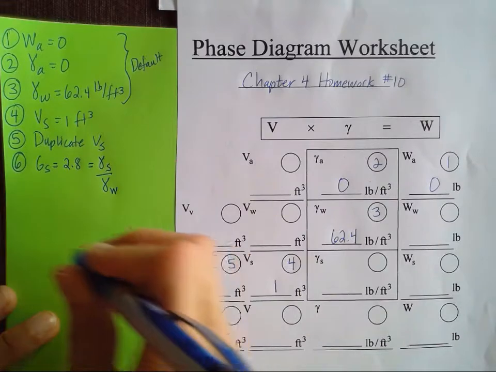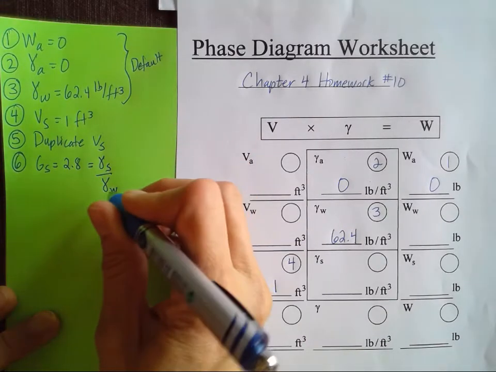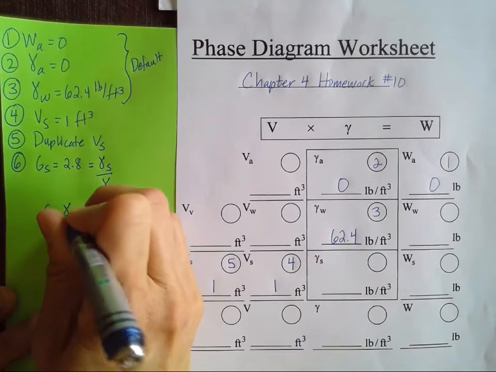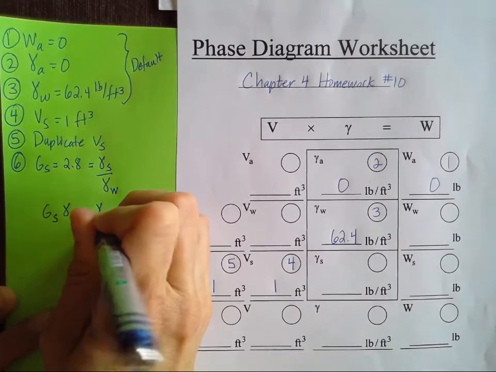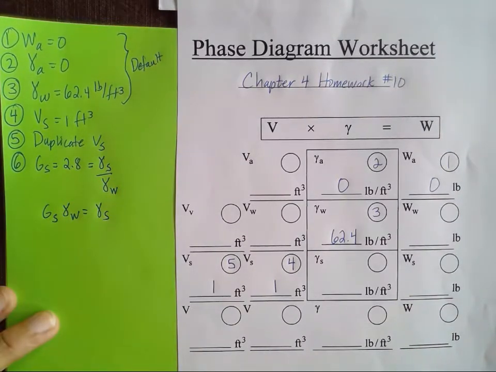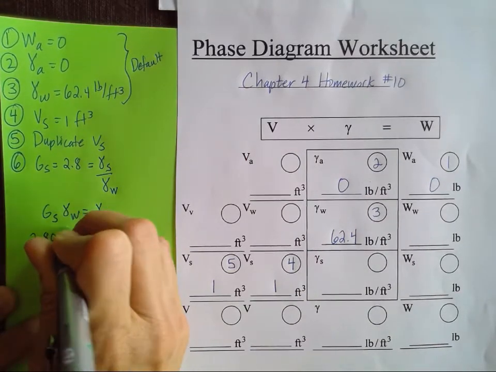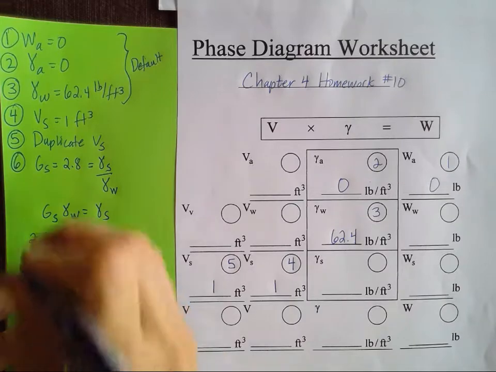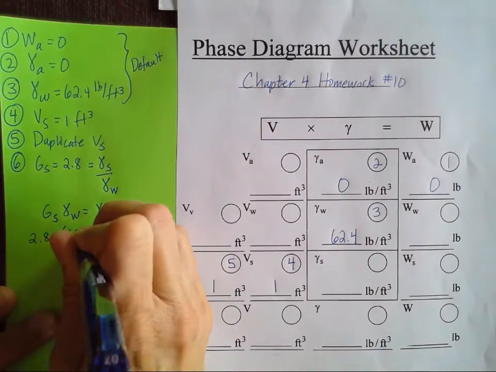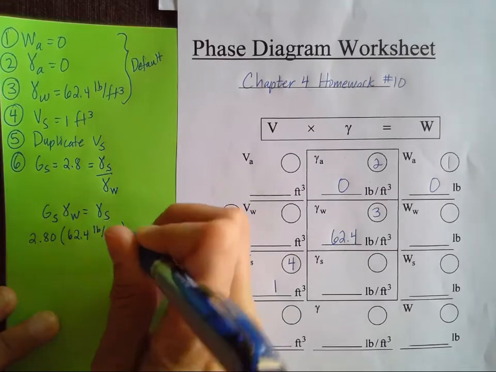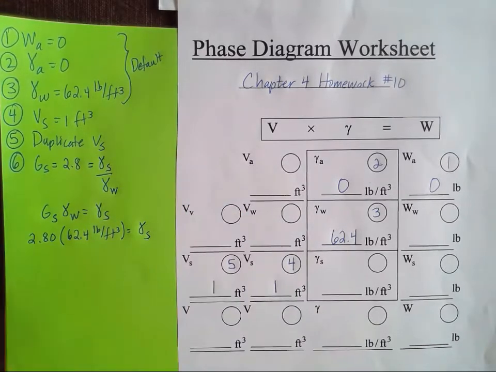So if I multiply each side by gamma water, I wind up with specific gravity times gamma water equal to the gamma of the solids. So it's really just multiplying that gamma water, 62.4 pounds per cubic foot, times this specific gravity, and that's going to be my solid unit weight. I'll go ahead and put that into my calculator.